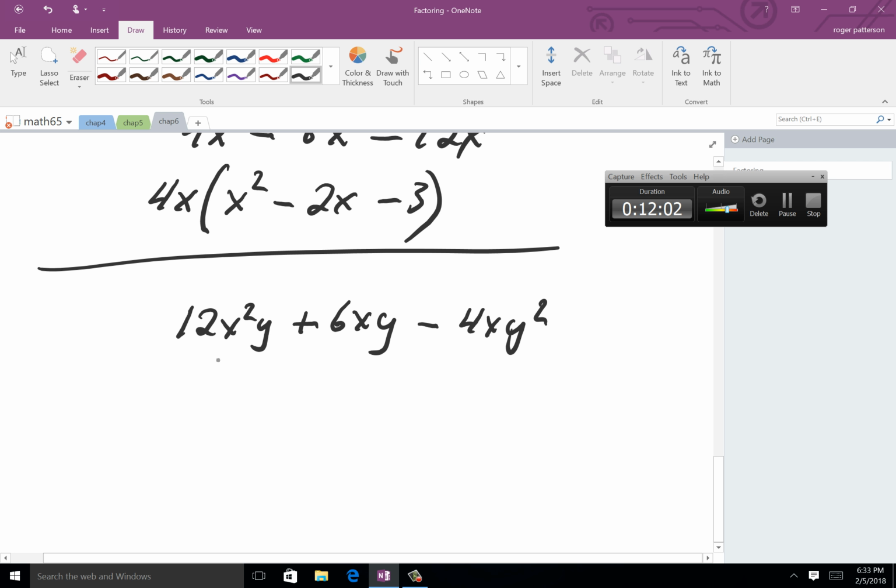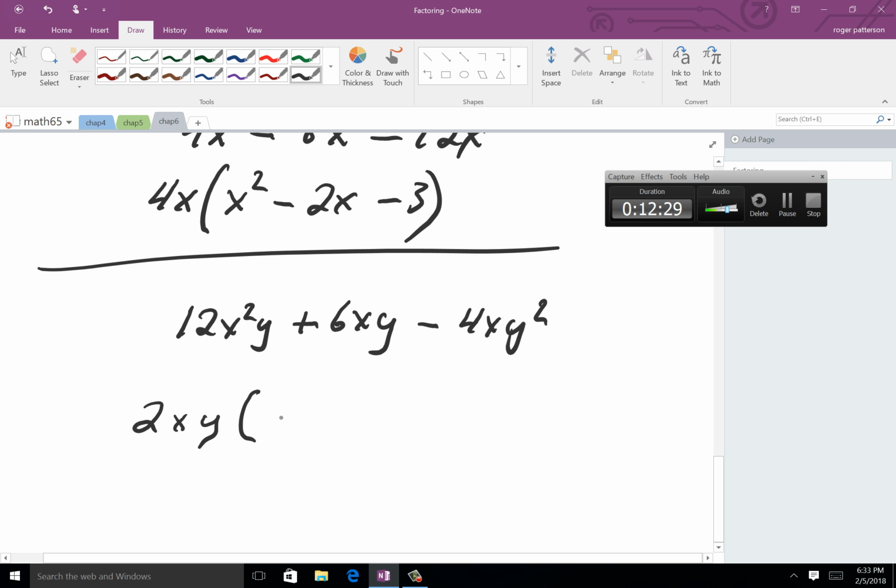So we've got a 3. Heard that. Great. 2xy. Uh-oh, because we can't put a 3 into that 4. So we've got 2. We have x's that are common. And we have a y that's common. Very good. We can't take an x squared, and we can't take a y squared. This is all we've got. Well, let's take it out and see what we get. So what are we going to end up with?